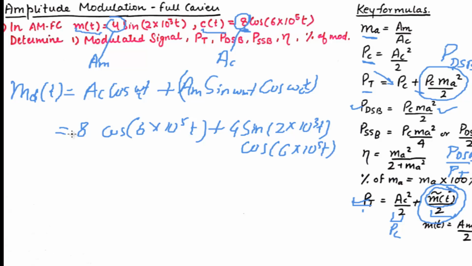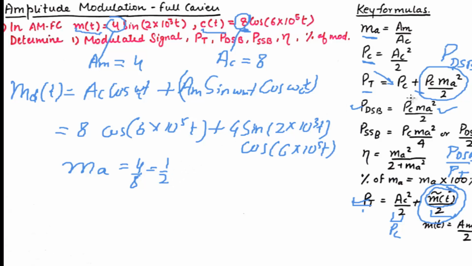So this is going to be your modulated signal. And now let's talk about AM here. AM is 4 here, AC is 8 here. So what can we do here? We can first find MA, which is nothing but their ratio. So MA is going to be 4 by 8, which is 1 by 2.